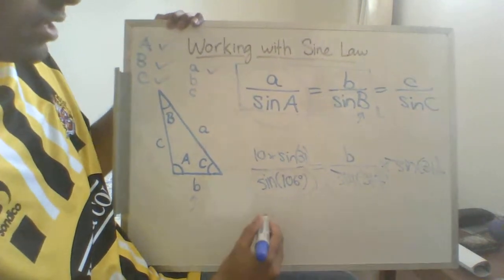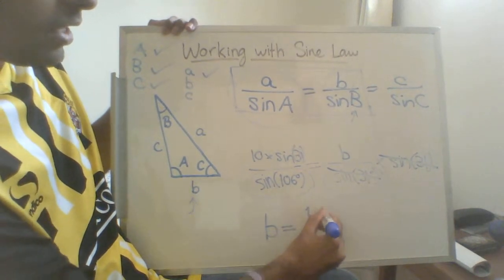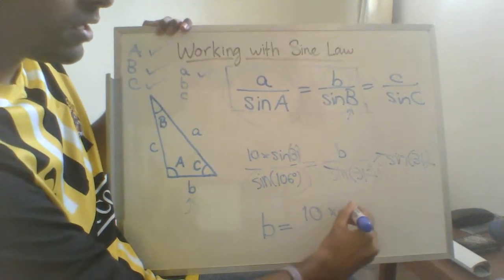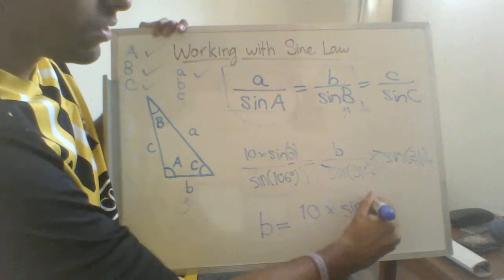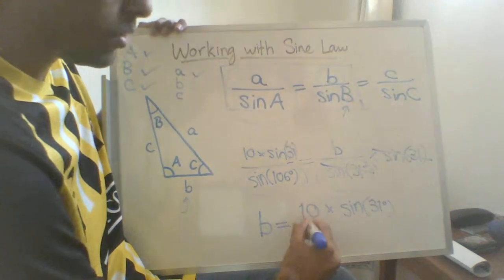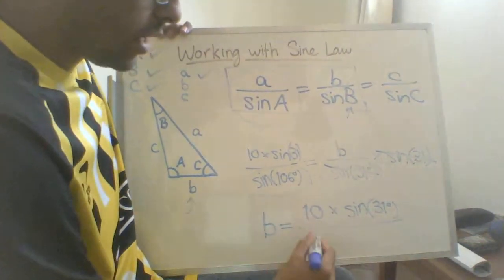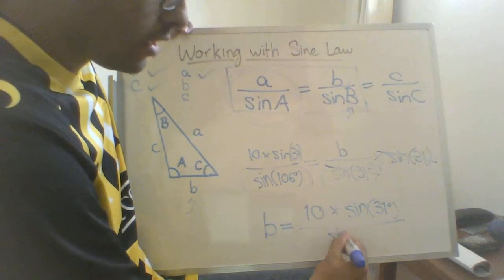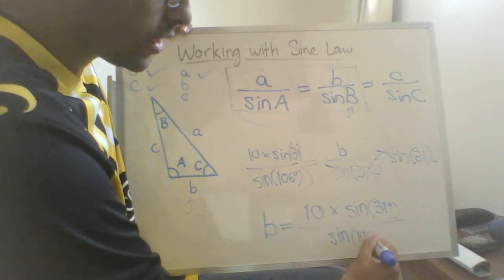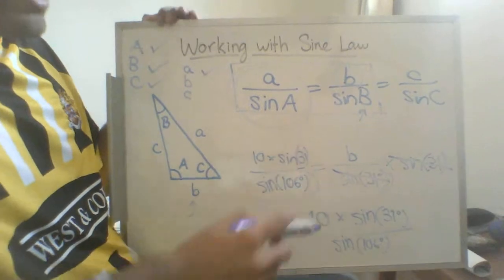And what you're left with is that small b equals 10 times sine of 31 degrees, which is just some number, divided by sine of 106 degrees. Okay, and all of that is just a number.